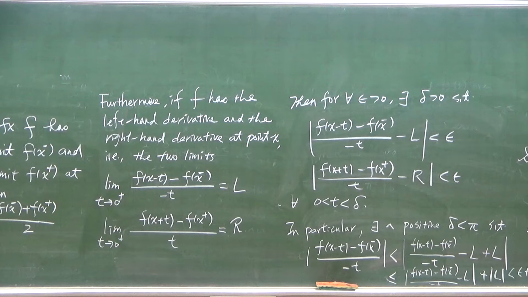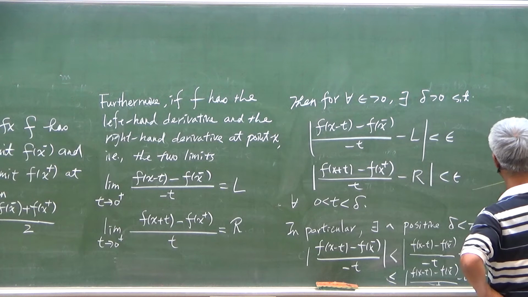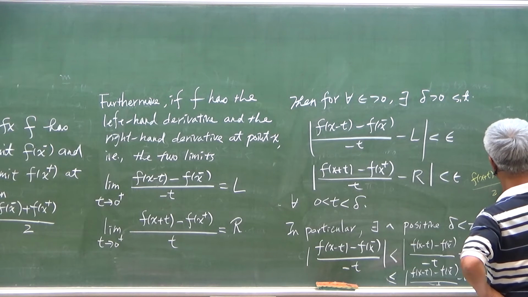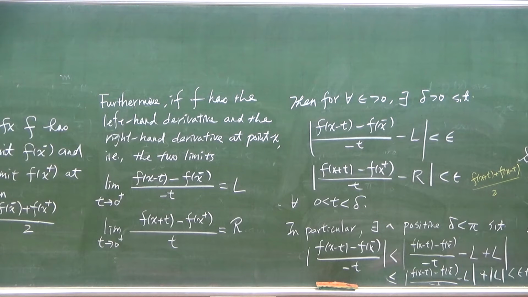Why? Because we know this one is equal to this, right, and we know this one is equal to that. So when you take the difference, it becomes this one.